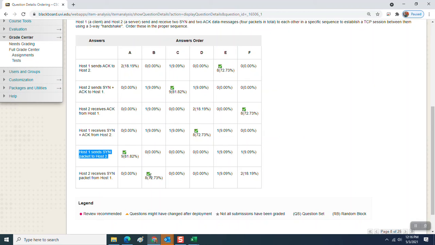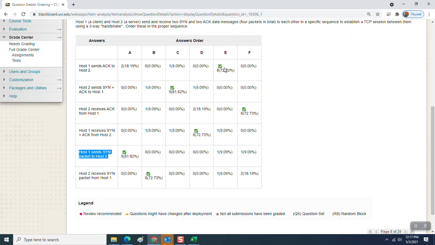Third, the server, host 2, sends SYN and ACK back to the original host, the client. The fourth step, the client receives back from the server the SYN and ACK. Then the client sends an ACK back to the server saying, yep, I got your SYN packet.